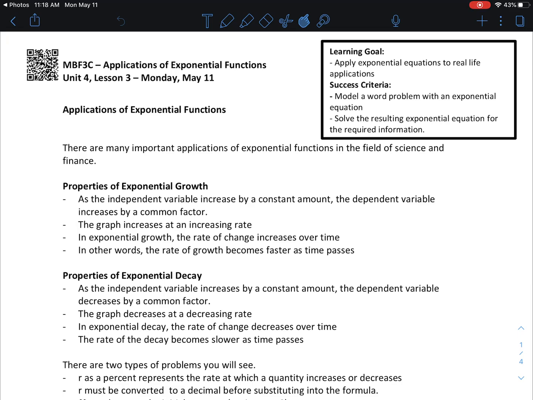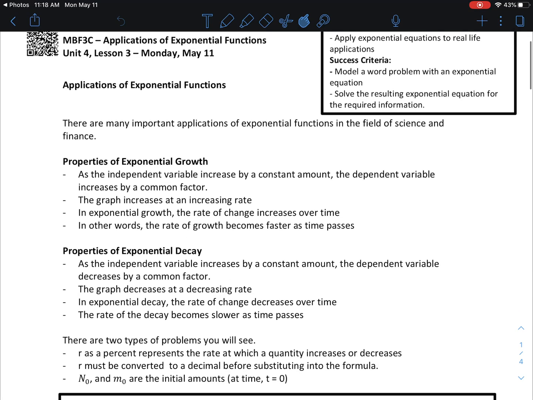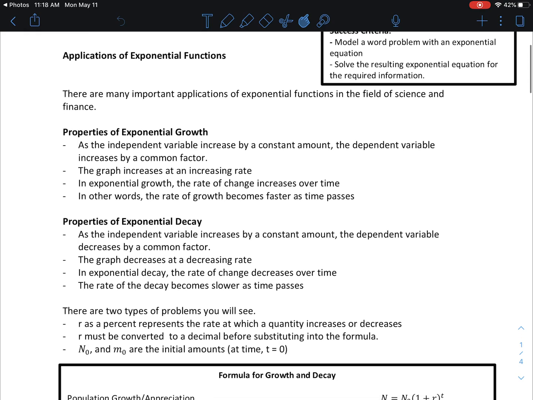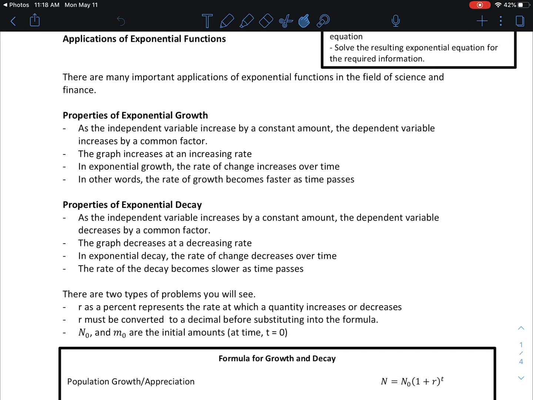You'll see quite a few different kinds of applications of exponentials, as we'll see today. It's a little easier to fit an exponential curve to real world examples relative to quadratics. I don't think there are as many limitations to the exponentials. So let's take a look at a couple examples here and work through some of these.